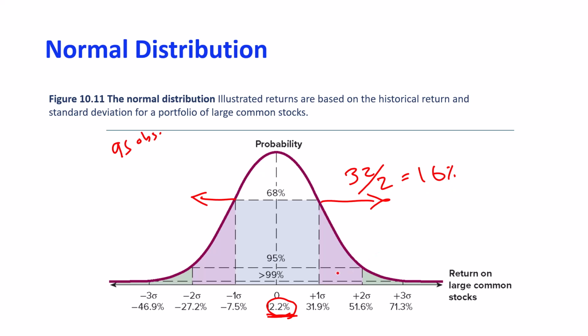So the probability of ending up with a return greater than 31.9% is 16%. Or the probability of ending up within 2 standard deviations of the mean is going to be 95%. So there is a 95% chance that your return will be from negative 27.2 to 51.6%.